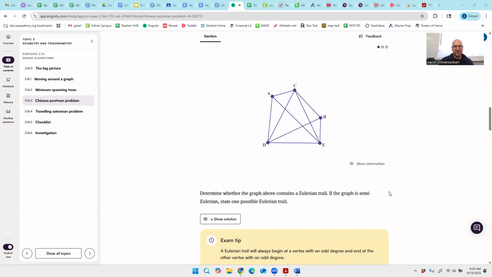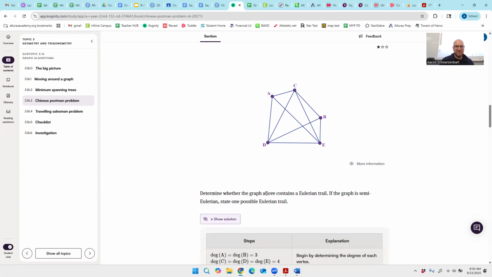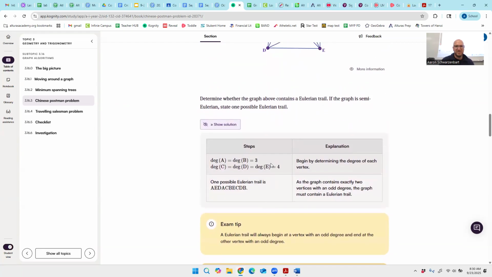To determine whether the graph is semi-Eulerian, state one possible Eulerian trail, which we just did. This is how they named it.